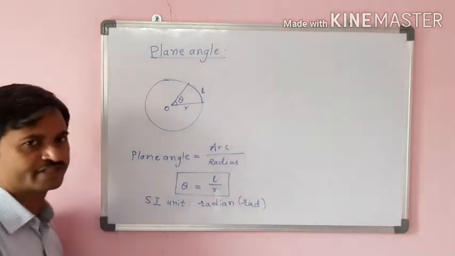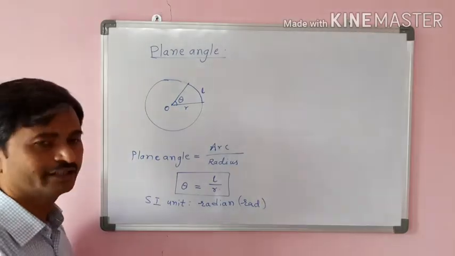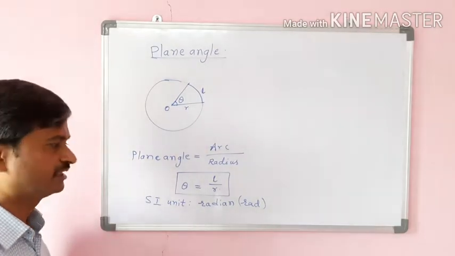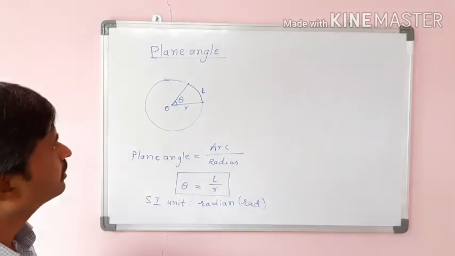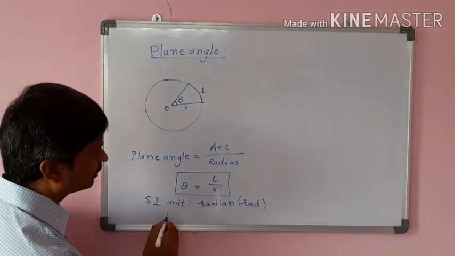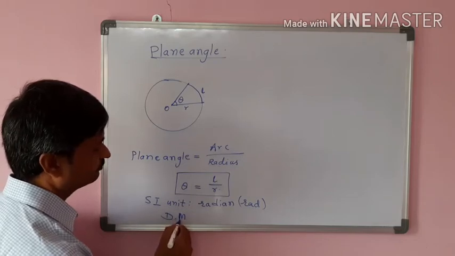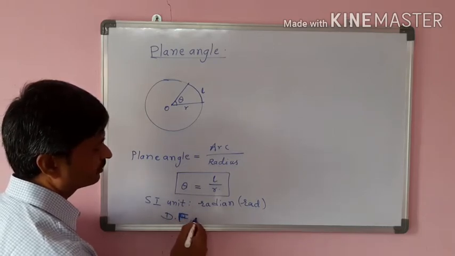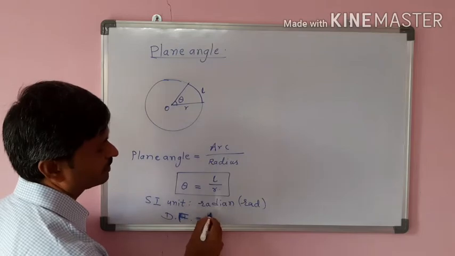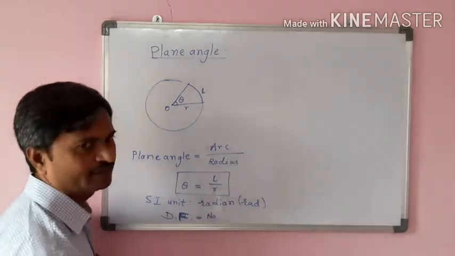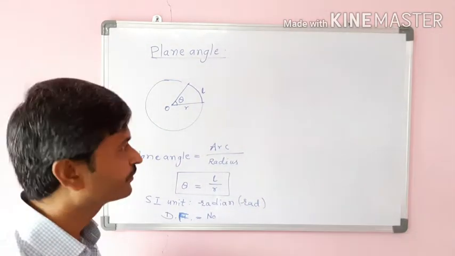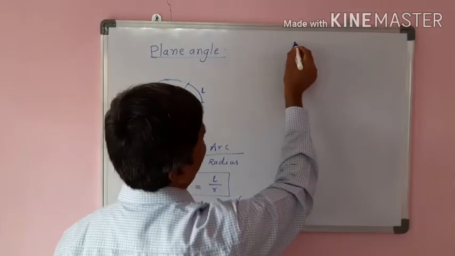In supplementary physical quantities, it is separately defined as radian. Clear? Now, if you want to, you can take the dimensional formula. Dimensional formula is no dimensions. It is a dimensionless quantity. Fine. Now let us go for solid angle.